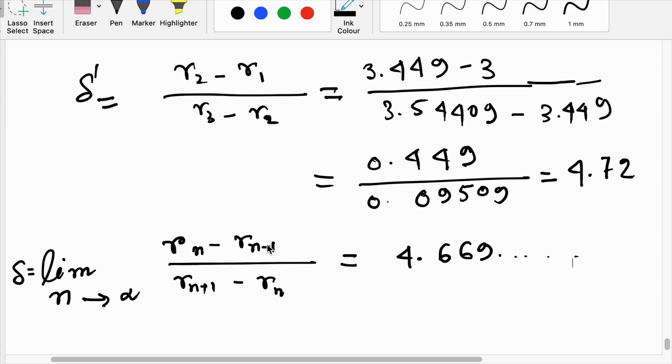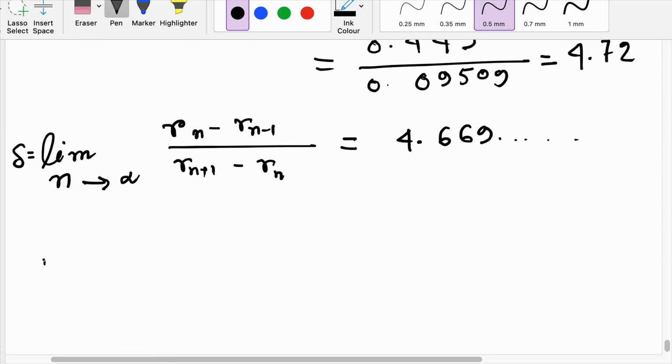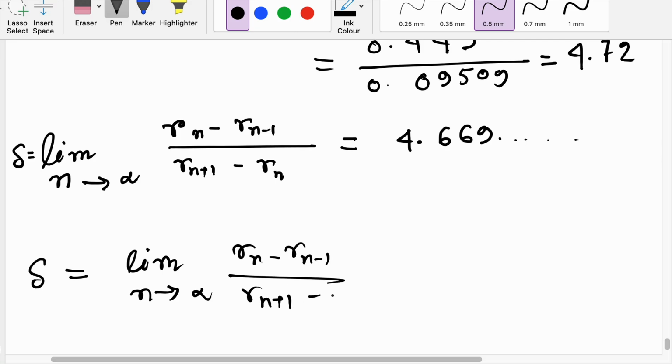He came to know that the sine function also goes through a period doubling route. And when he calculated the values of the points at which the period doubling bifurcations occur, they follow exactly the same thing. If you calculate for this sine map also, you get, when the limit n tends to infinity, Rn minus Rn-1 by Rn+1 minus Rn exactly equal to 4.669.